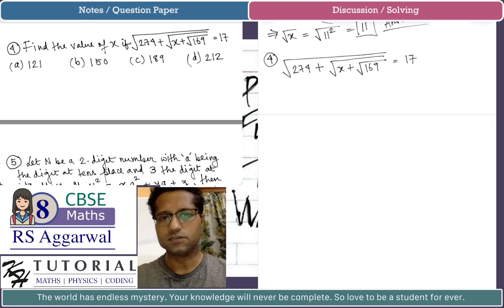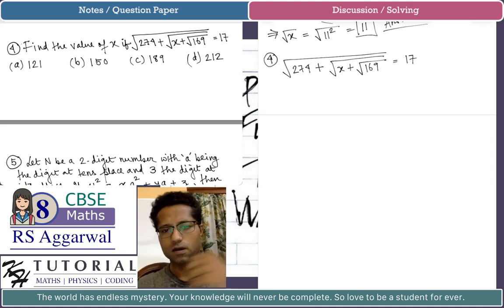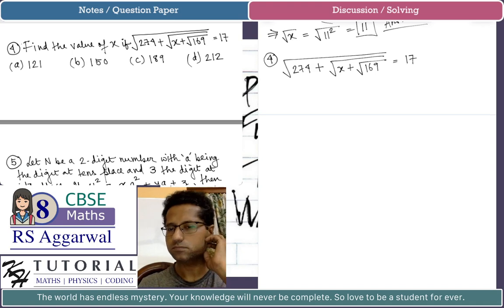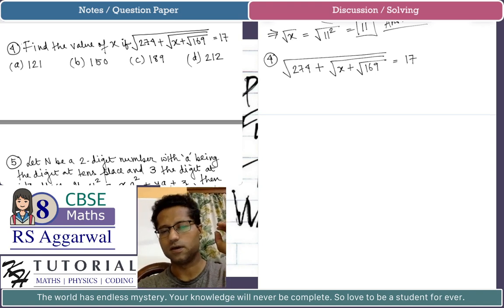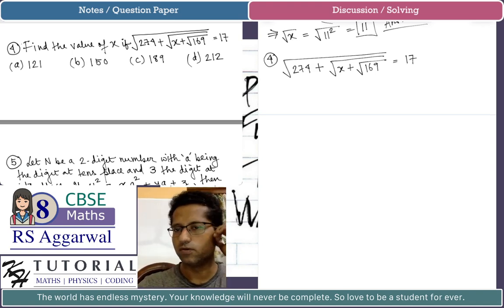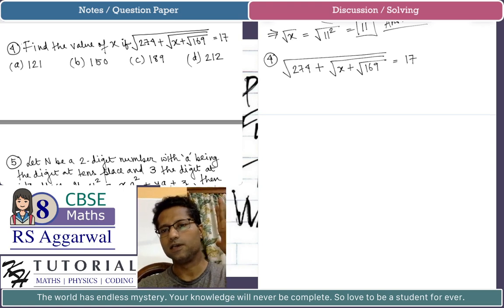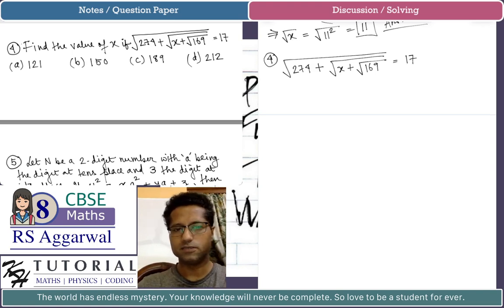Now this is a common pattern of questions. One way of solving it, the way I will solve it, is that whether it's on the left hand side or on the right hand side, if you see a square root inside a square root, and you see a single constant number, for example in this we are having square root of 169, if that number is a perfect square, then you can easily find its square root.